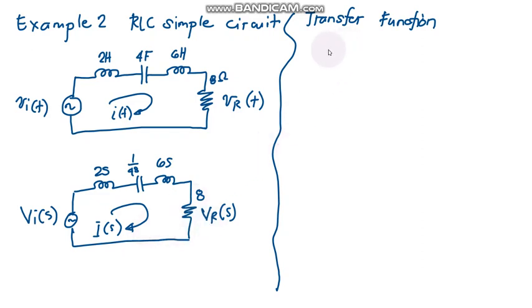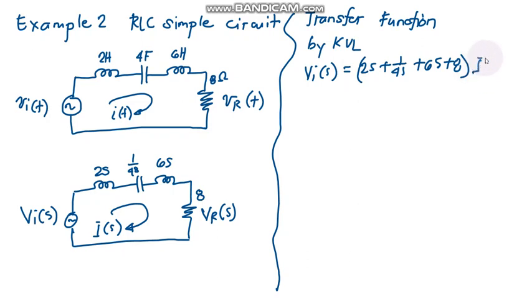So to solve for the transfer function, we start once more by KVL, and for our given circuit, we're going to have VI of S to be equal to 2S plus, that is the summation of the impedances, plus 6S plus 8, and that would be multiplied to IS.